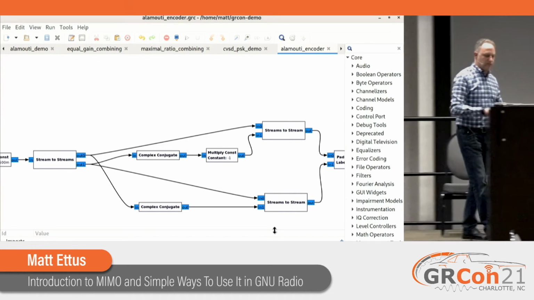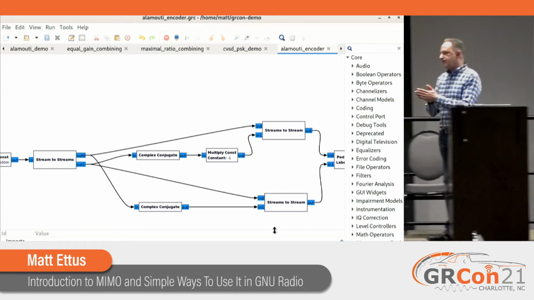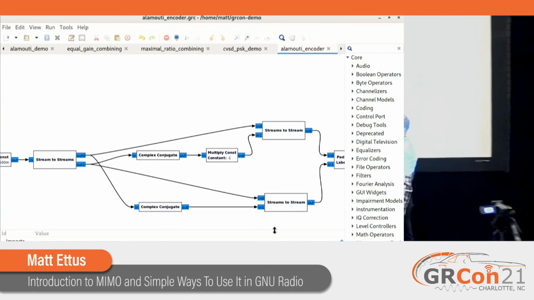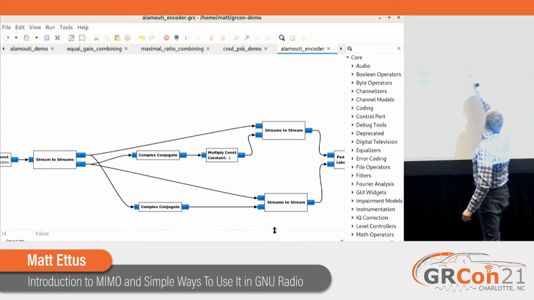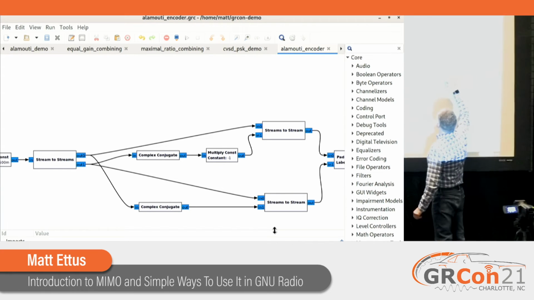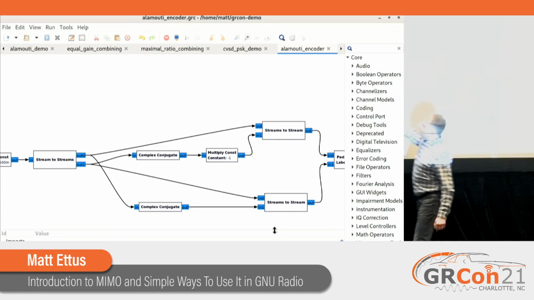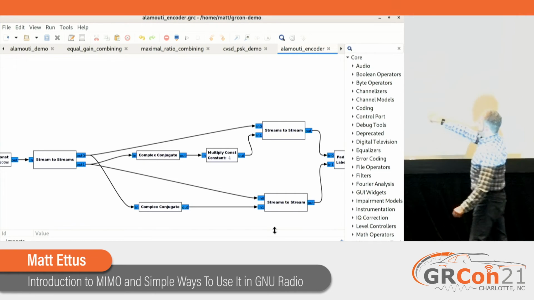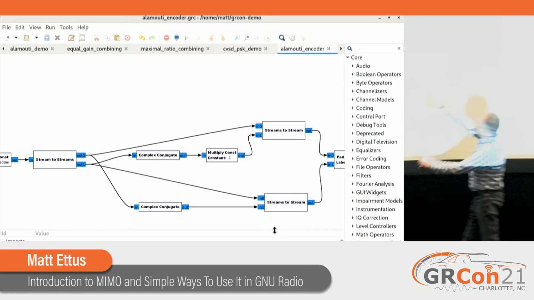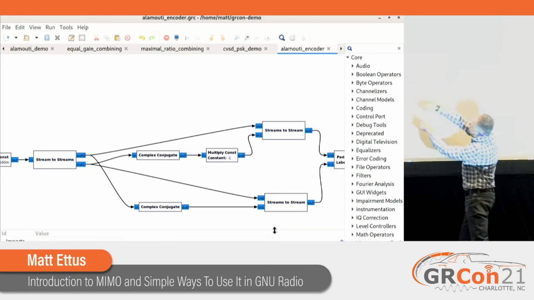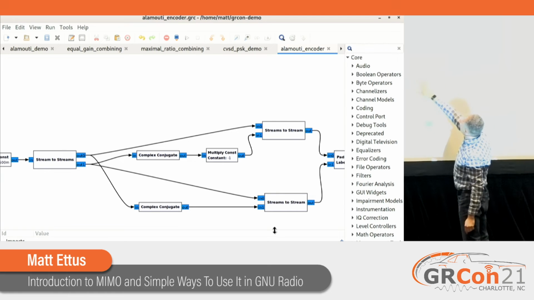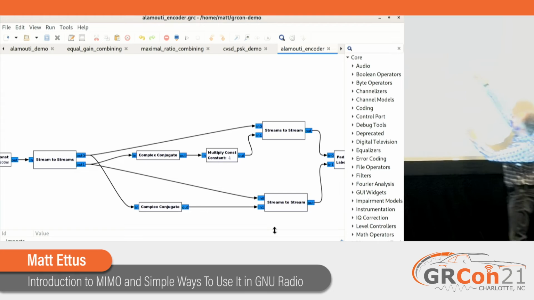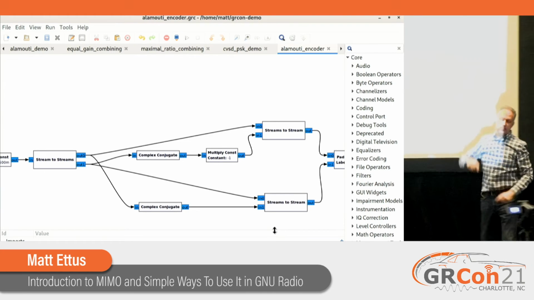It's easier if I do it this way. C1 would come out the first antenna at the first time period, and C2 would come out the second antenna at the first time period. Then the processed ones cross. You cross the streams here, which is allowed in this case. One takes the complex conjugate and multiplies by -1, and the other is just the complex conjugate. Those become the second symbol on the two respective antennas.